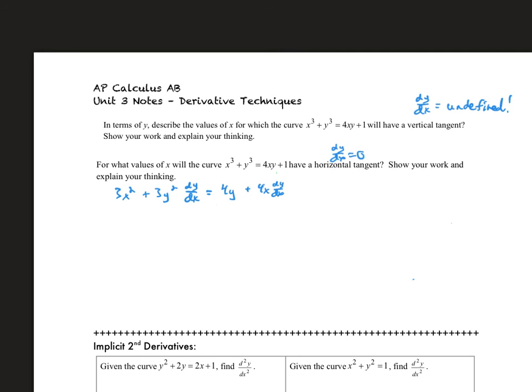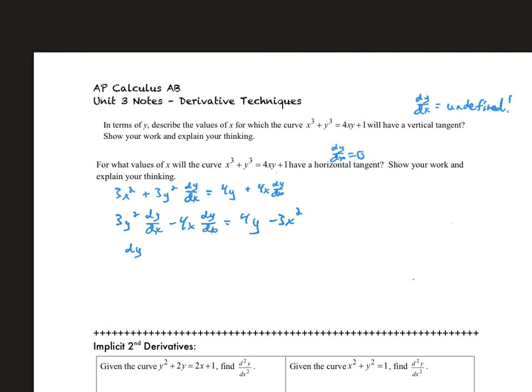And then, just as a heads up, this plus 1 is going to drop out. Okay, so now we've got a little algebra to do. I'm going to push the 3x squared over to the other side, pull the 4x back over this way. We get 3y squared dy dx minus 4x dy dx is equal to 4y minus 3x squared.